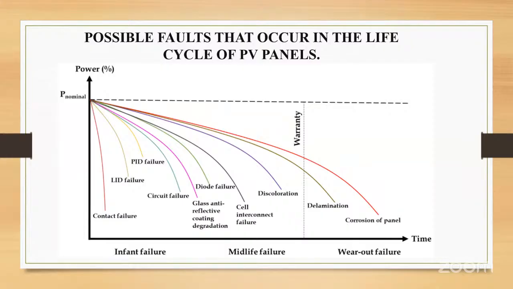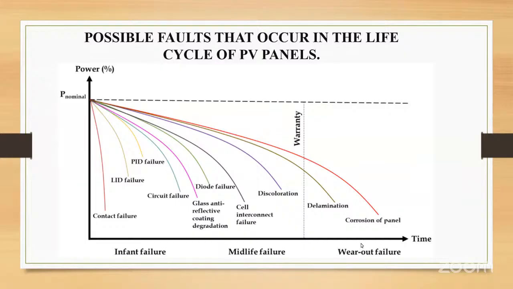So infant failure means the failures we come across at the time of manufacturing and at the time of erection. And the midlife failure means the failures which come under normal operation. That means after inception, after working that PV panel for some days, that is midlife failure.